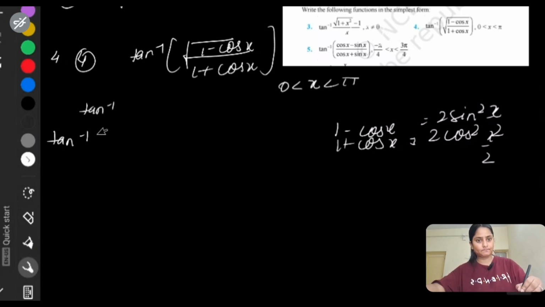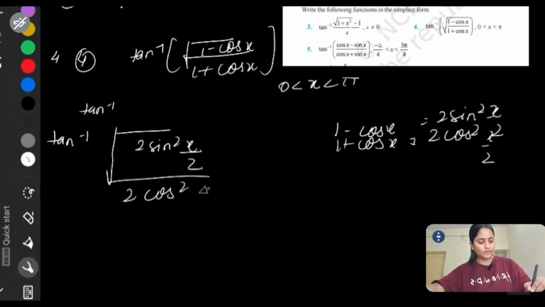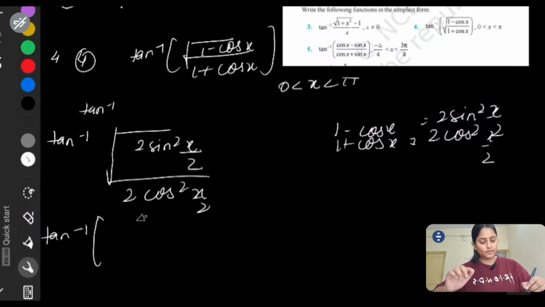Tan inverse of root of 2 sin square x by 2 divided by 2 cos square x by 2. And here, because both are squares, we will remove the square root, and we will write sin x by 2 divided by cos x by 2.